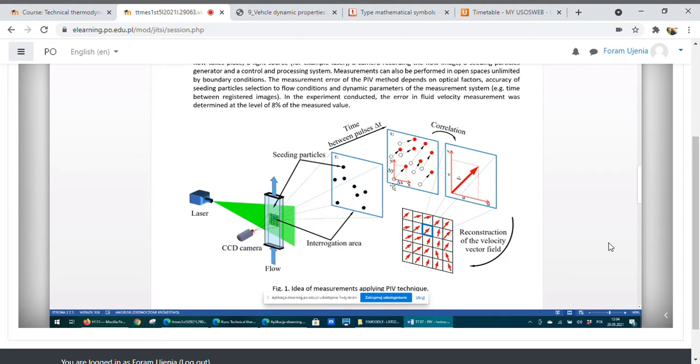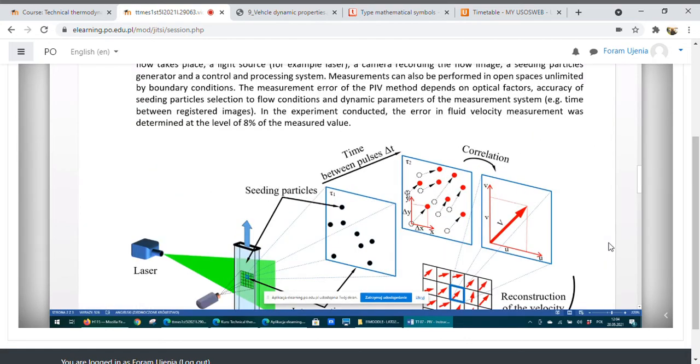Here you have the position of the seeding particle in the first picture. This is, for example, this position, and after some time, when we have movement of the liquid, movement of the gas, the particle is moving, and this distance we can measure.